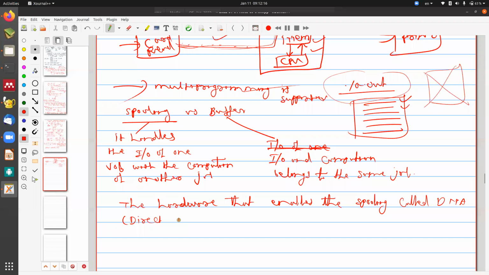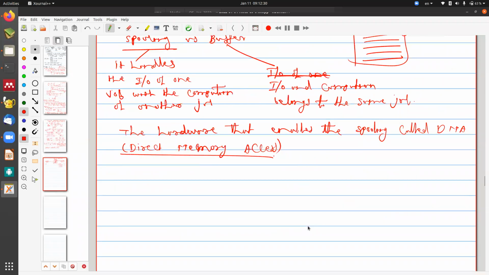You will study these things in COA as well as in the last topic, IO management. Direct memory access. What basically happens in the case of direct memory access? Let's take this as the IO devices, and this is my CPU. The CPU wants to transfer some data from somewhere.